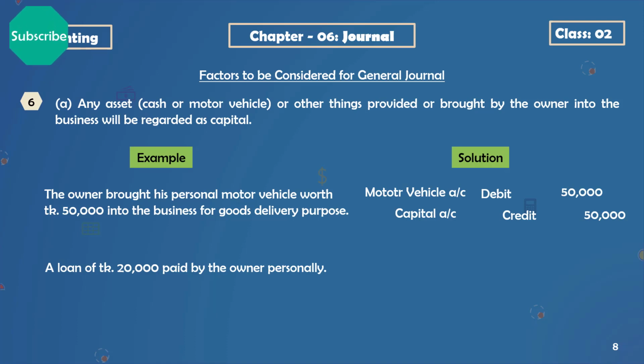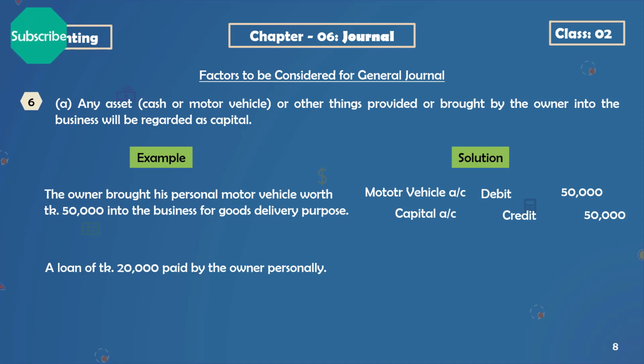And since the owner made repayment of the business loan, the loan must be reduced, so we have to debit loan account. We know any credit account, when decreased or reduced, we have to debit it. A loan account is a credit account, so when it is decreased, we have to debit it.